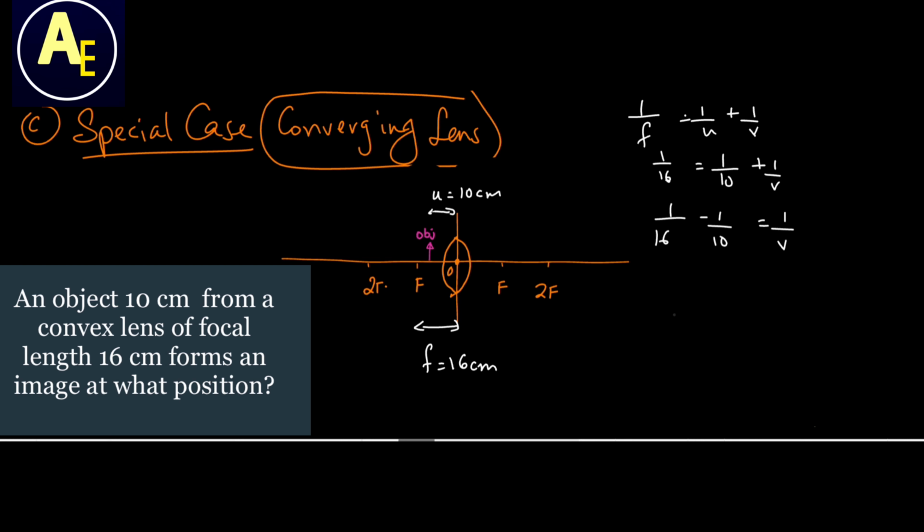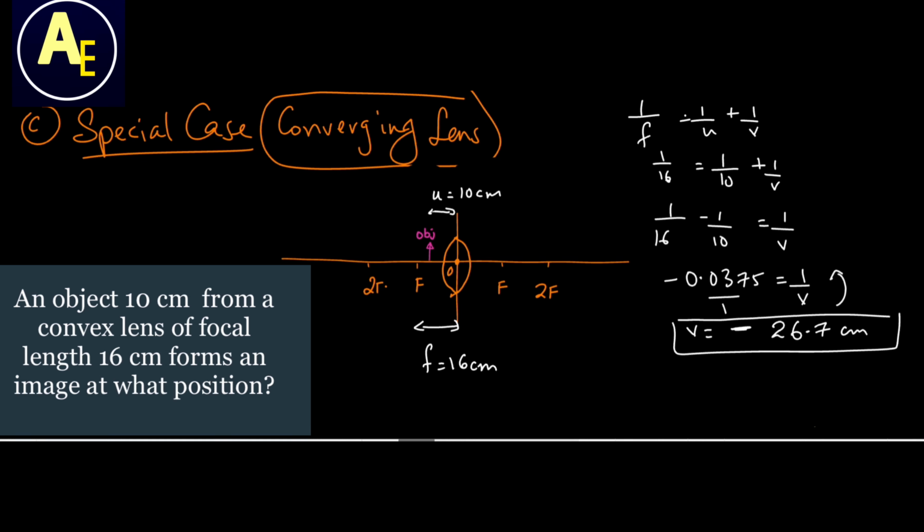What's interesting here is that we get a negative value for our image distance. But don't panic, because a negative value for our image distance really gives a hint that our image is actually virtual. What does a virtual image look like on a lens diagram?